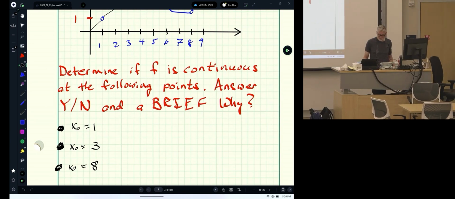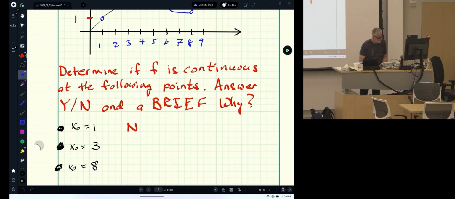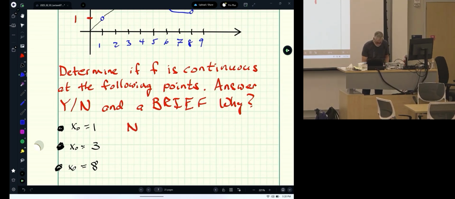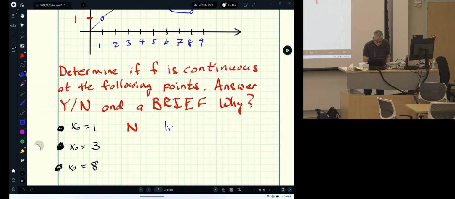Is the function continuous at 1? So your answer is going to be no, and the reason is, the limits both exist, but the function is not defined there, so it can't be continuous there.